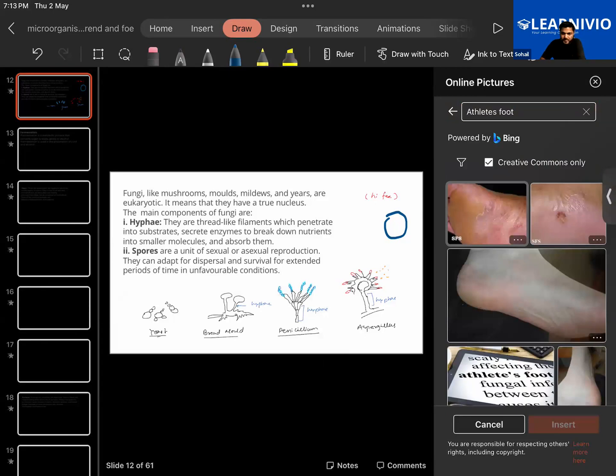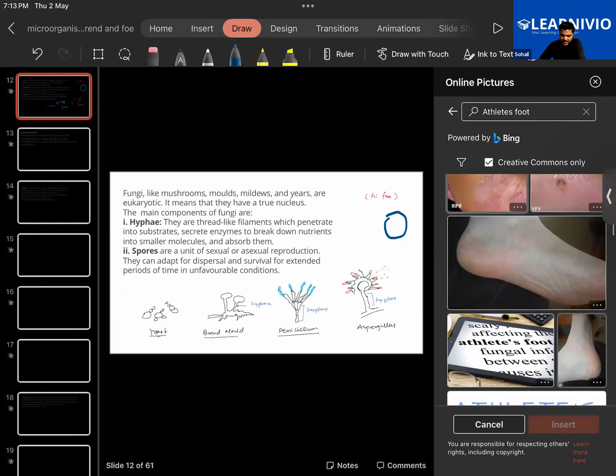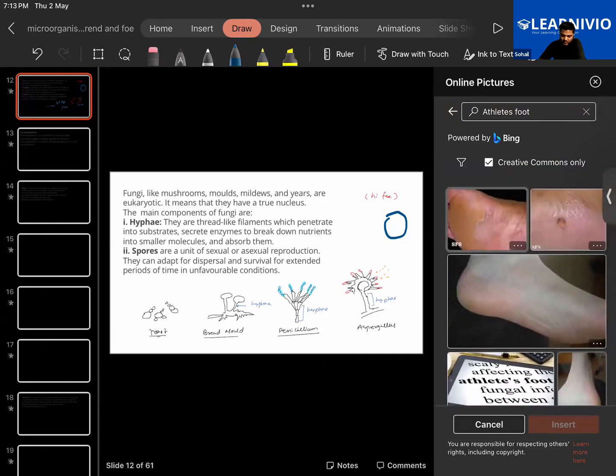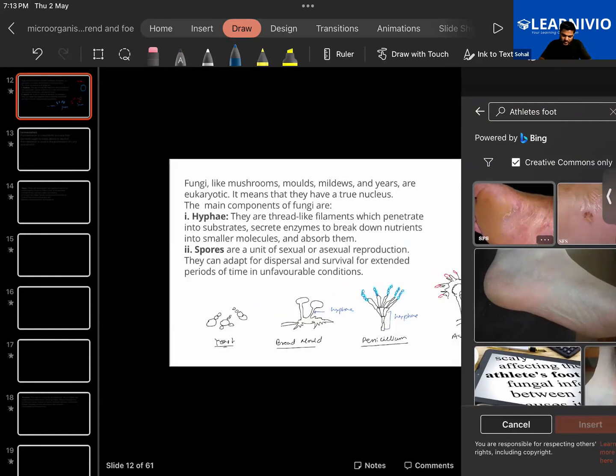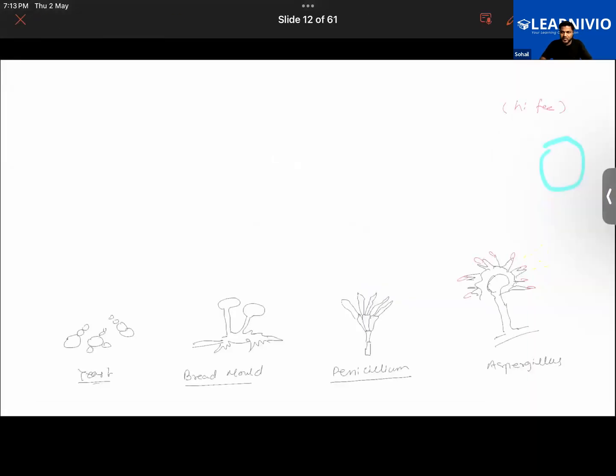See this one. See the first three images. That is the athlete's foot. So these are the diseases caused by infection from fungus. Hope you guys are getting what I'm trying to say.